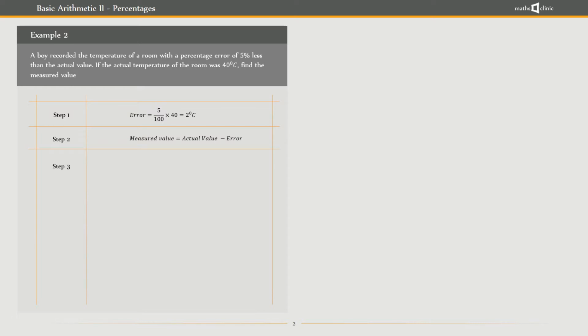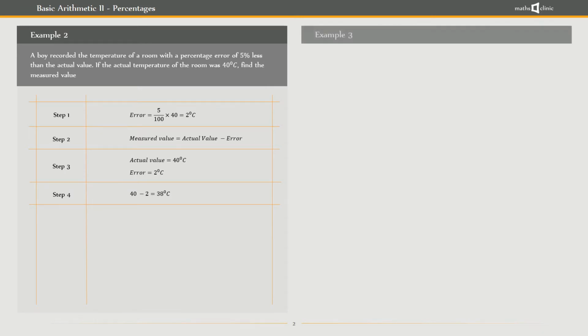Now we can go ahead: actual value equals 40 degrees Celsius, error is 2 degrees Celsius, and the measured value is 40 minus 2, which gives 38 degrees Celsius in the end. Very simple. Let's do another one.